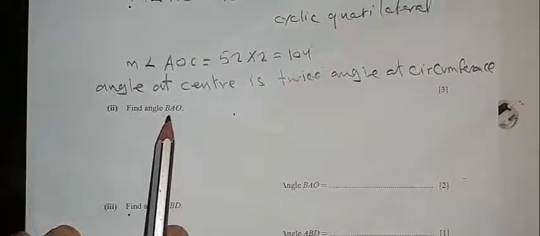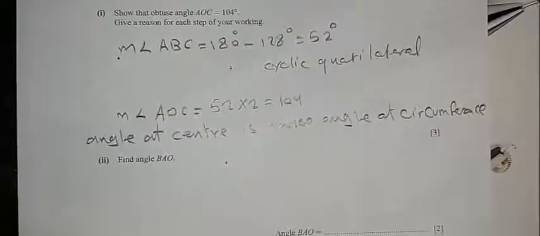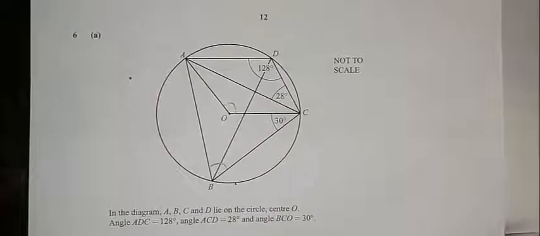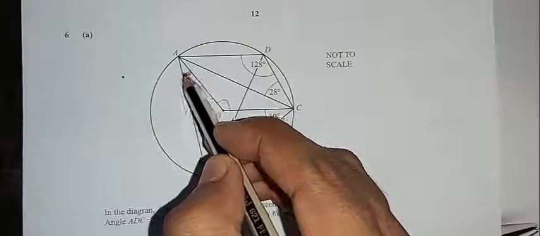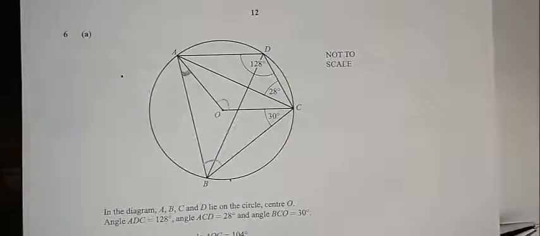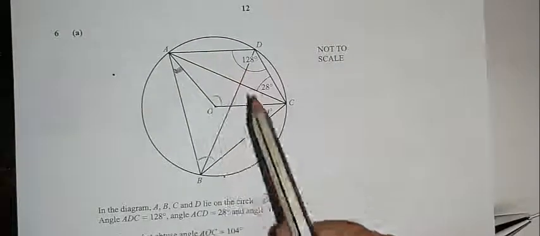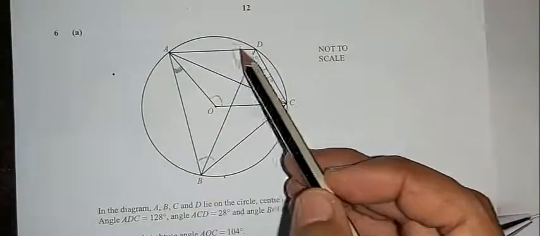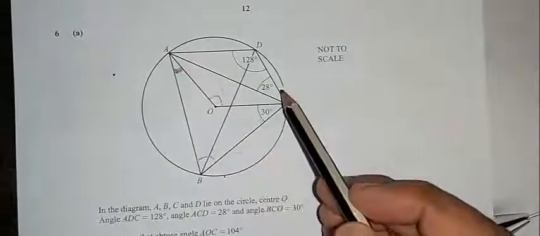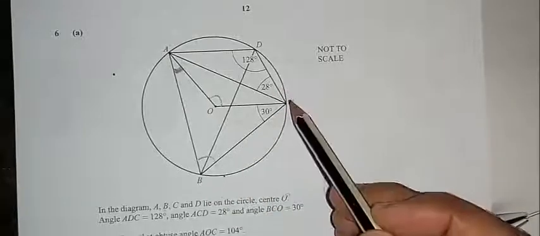In the next part, find angle BAO. Angle BAO, this angle here, is needed. We know that this big angle, angle BAD, is the opposite angle of this big angle at circumference, angle BCD.